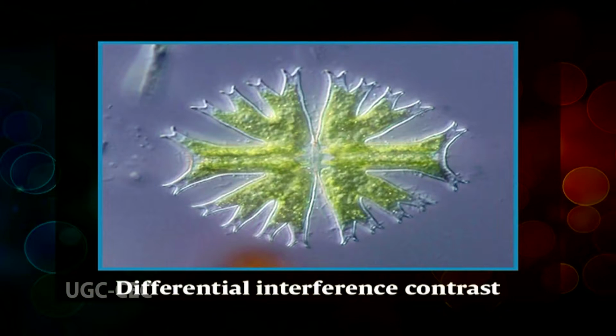Wollaston prisms situated in the condenser and above the objective produce the effect, and additional elements add color to the image. Care must be taken to interpret differential interference contrast images, as the apparent hills and valleys in the specimen can be misleading.